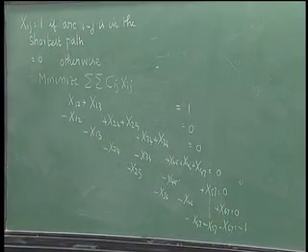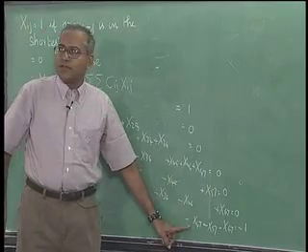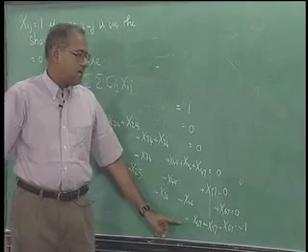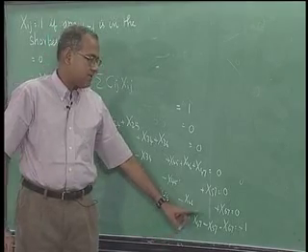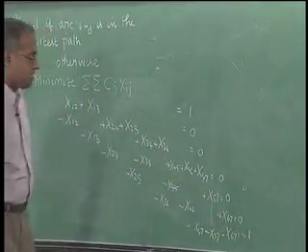Please note that this constraint should ordinarily read as x47 plus x57 plus x67 equal to 1, but we have multiplied this by minus 1 and we have written minus x47 minus x57 minus x67 is equal to minus 1.